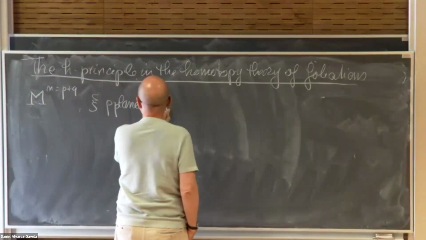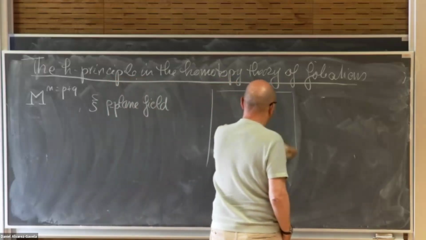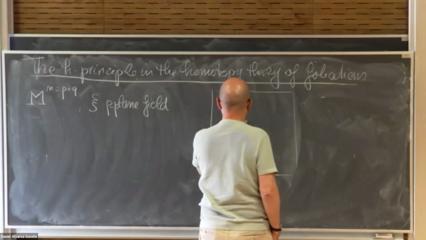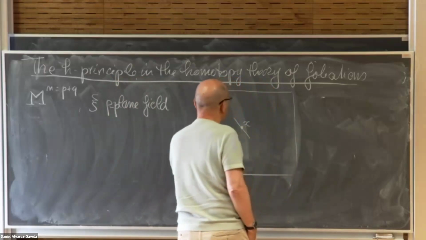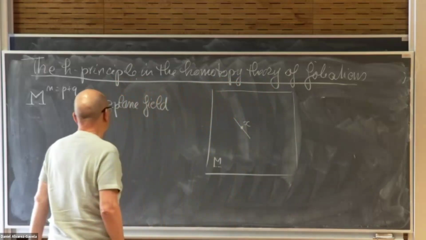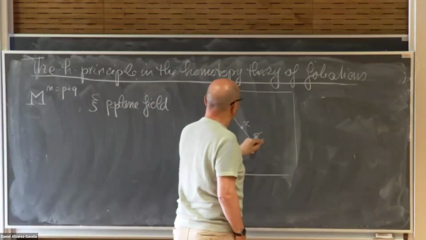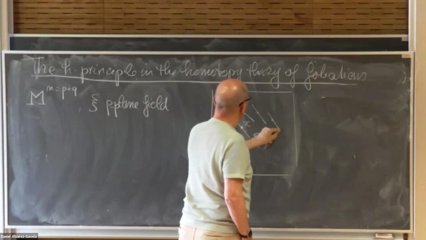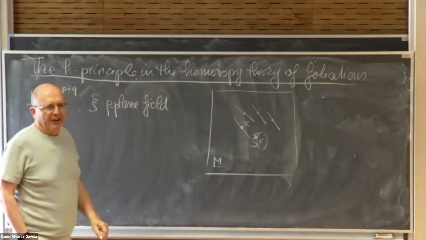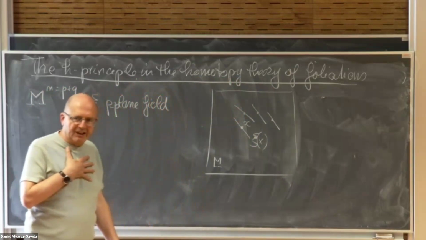Some call it a distribution. Meaning that at every point of the manifold, you're given in the tangent space a vector subspace of dimension p, and it depends smoothly on the point. But in these talks, everything will be smooth, C infinity, except when otherwise stated.